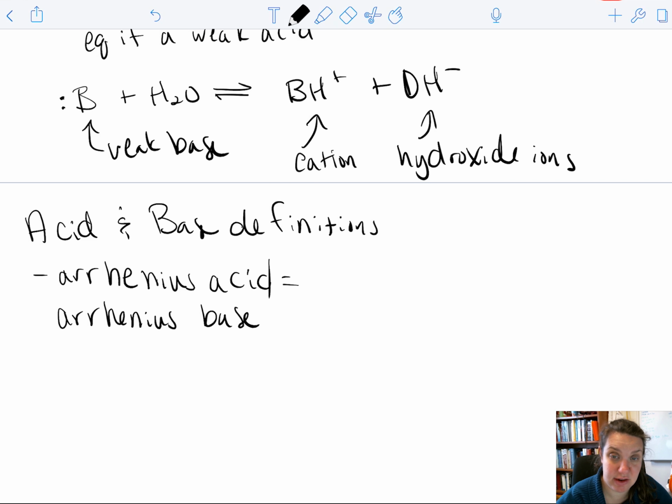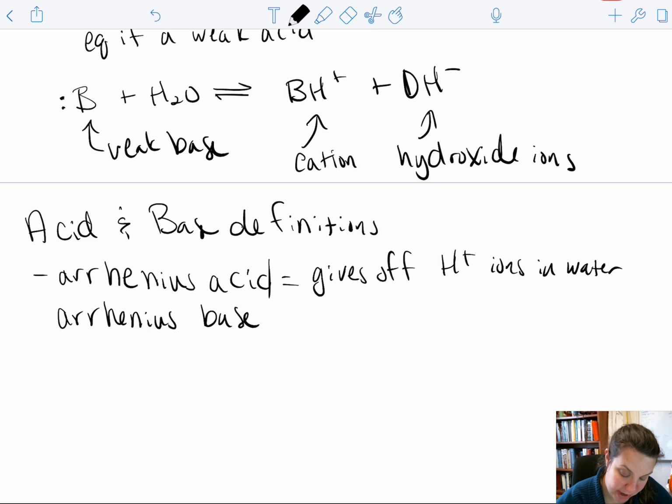An Arrhenius acid gives off H+ ions in water. An Arrhenius base gives off hydroxide ions in water.